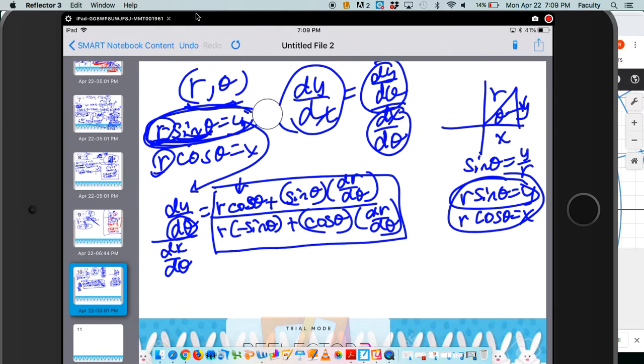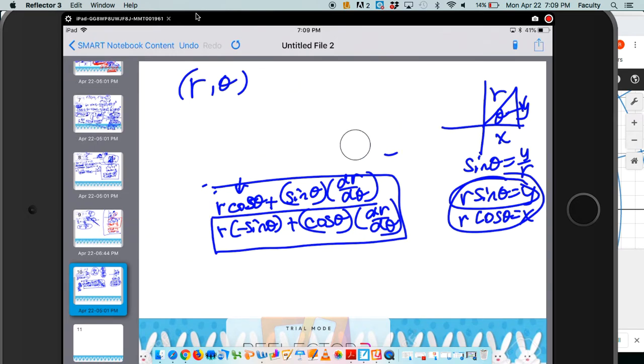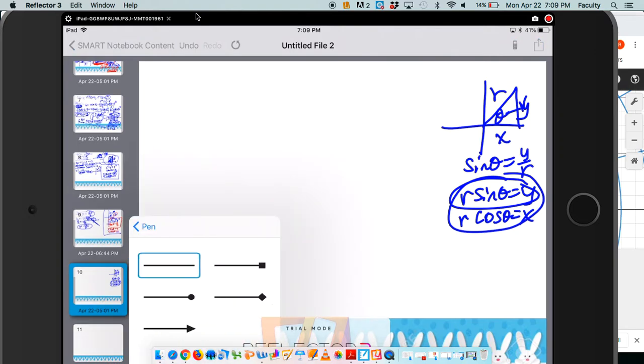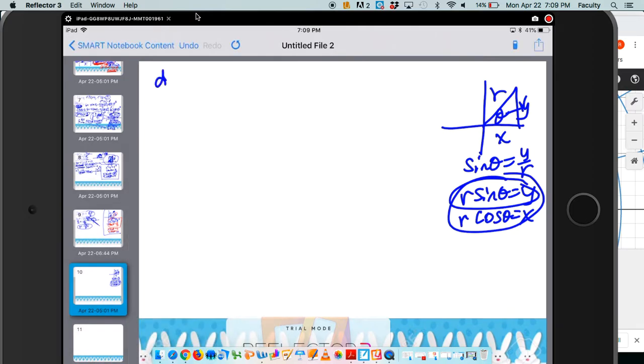So let's erase this and develop it again up high, and we can just keep using it for problems. All right, so if I want dy dx, it's dy d theta over dx d theta.